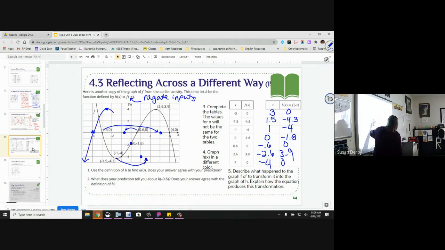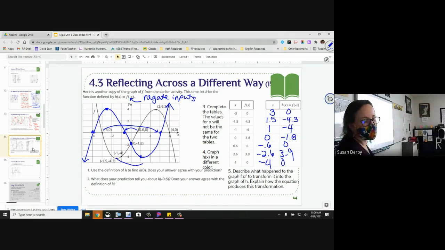End behaviors stay the same here. We're just flipping our end behavior also left and right.